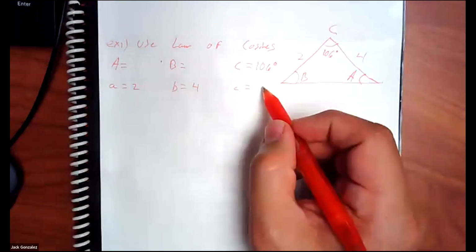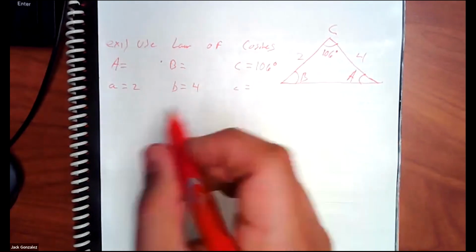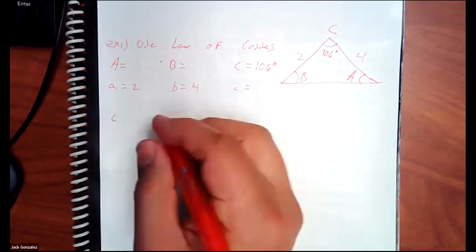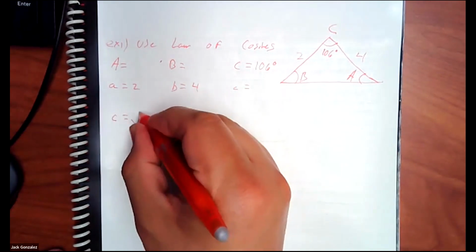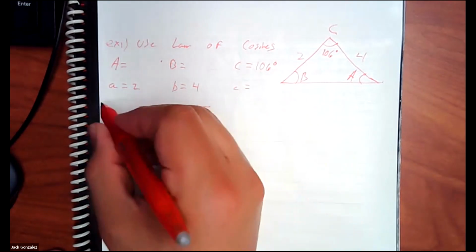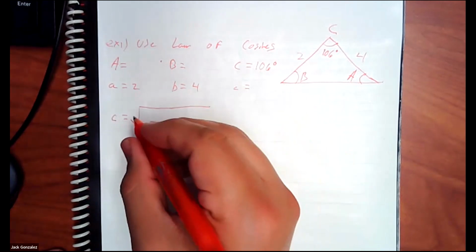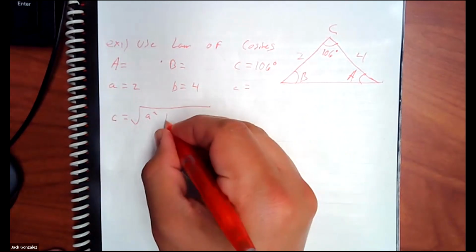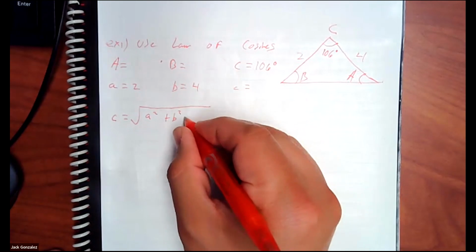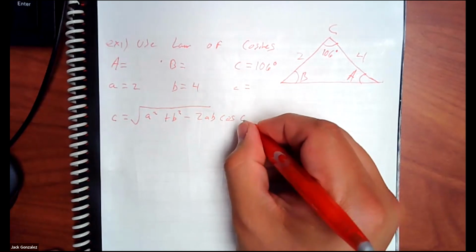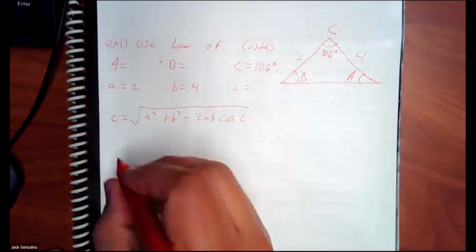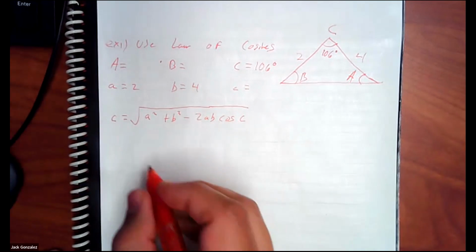All right, so if we use the formula to find c, you could technically shift back to law of sines if you wanted to. So c is equal to, solve for c first. So that's going to be something.